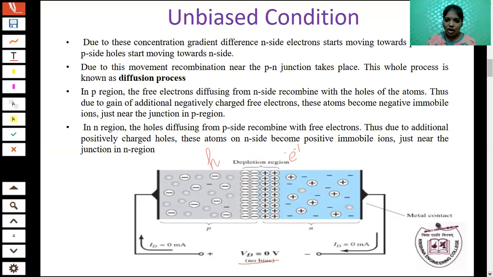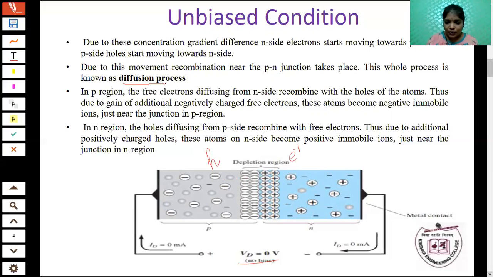So the electrons from the N side move towards the P side region, and the recombination of electrons and holes takes place near the junction. That process is called the diffusion process.